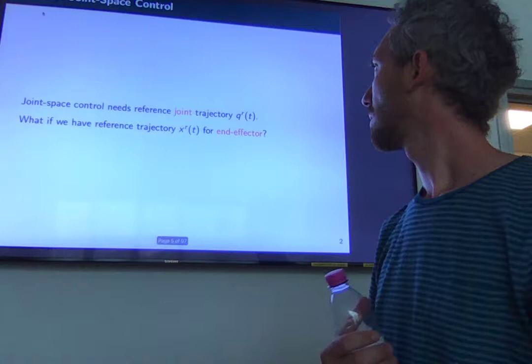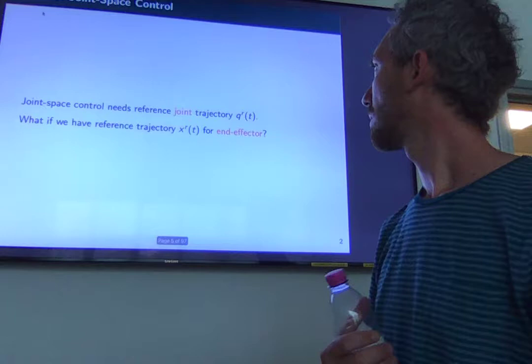X dot is the time derivative of fg, and by applying the chain rule, I can write it as the Jacobian of fg with respect to q times the derivative of q with respect to t, right? If I call this Jacobian matrix J, this is just J times v. So Jacobian times joint velocity gives me the end effector velocities. If you've taken any class on industrial robotics, you've probably seen that.